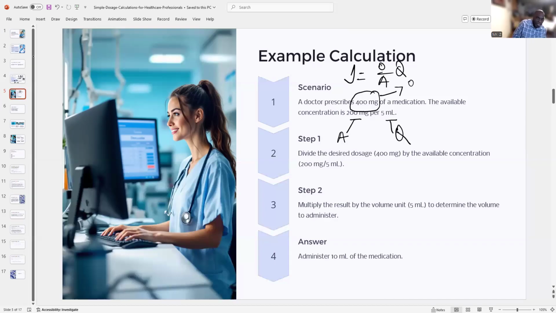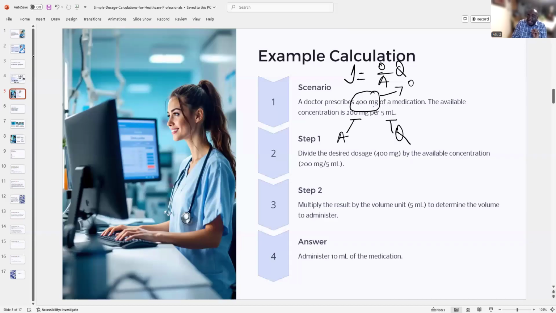Now, before you can do anything, remember, you have to do a self-check. The unit for your order and the unit for your available have to be within the same strength, the same unit. Over there, I have milligram. Here, I have milligram as well.